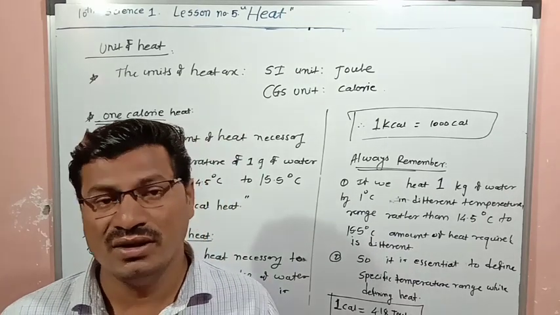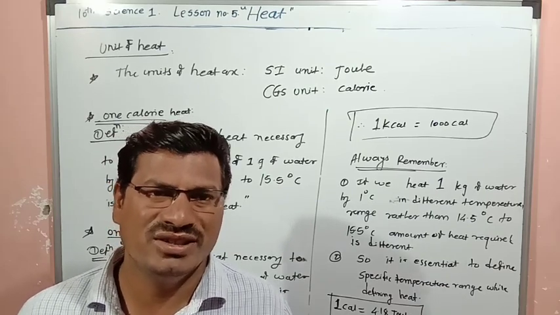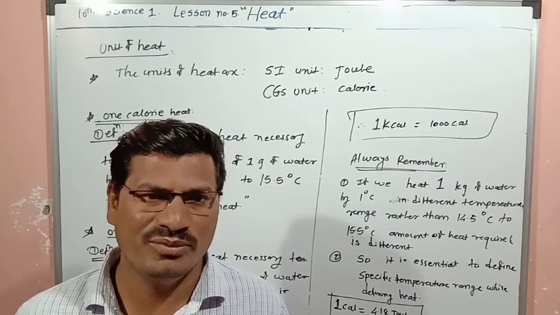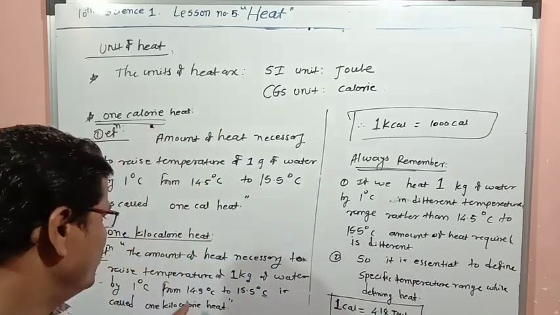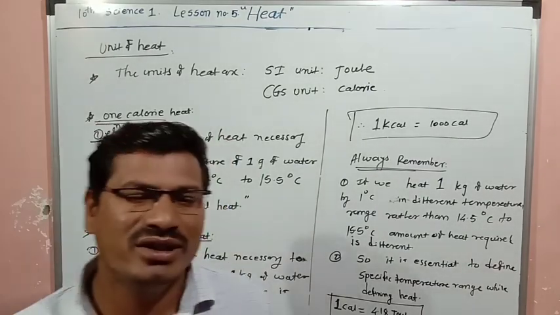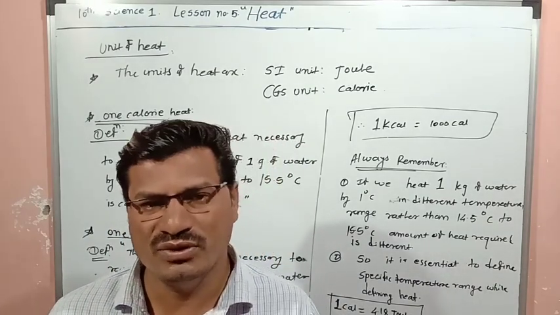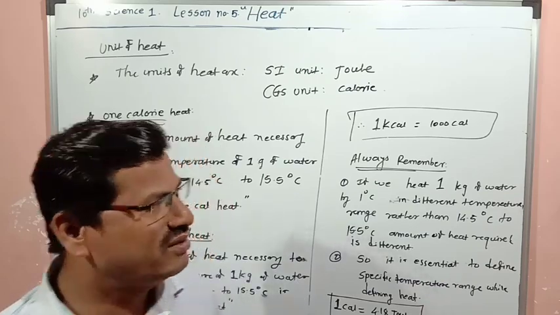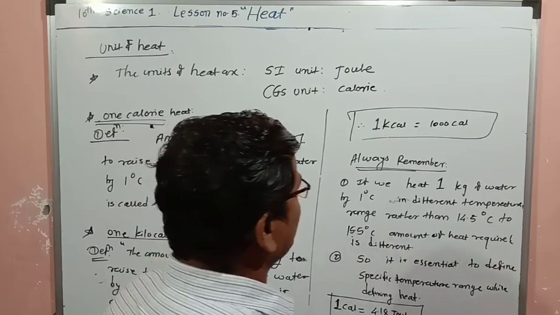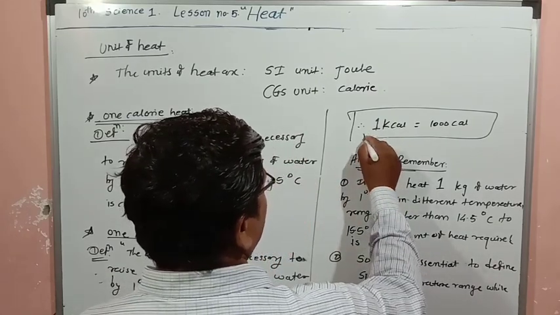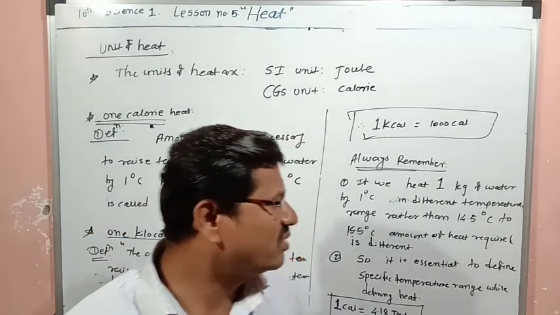Another is 1 kilocalorie heat: the amount of heat energy necessary to raise the temperature of 1 kilogram of water by 1 degree Celsius from 14.5 to 15.5 degrees Celsius. And another relation we know: 1 kilocalorie is equal to 1000 calories.